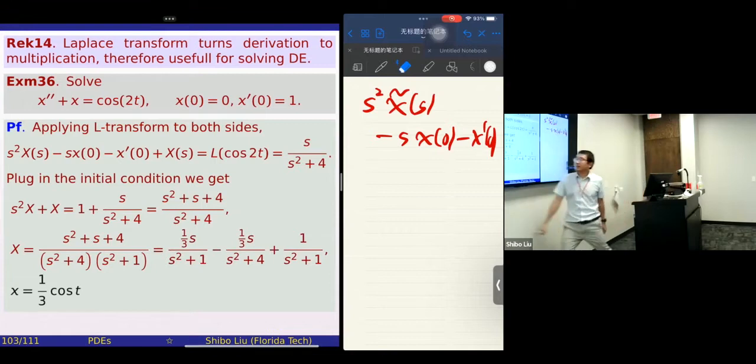The left-hand side, capital X becomes small x. And then this term, a third, is a coefficient.